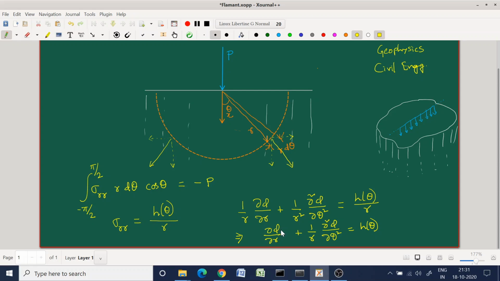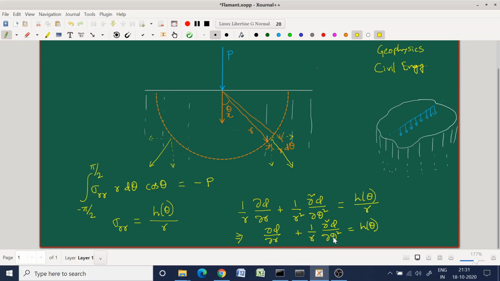This is the question we want to answer, because on the right hand side we have a function which is purely dependent on theta. That can only happen when, from del phi del r, the r dependence completely goes away after differentiation with respect to r.